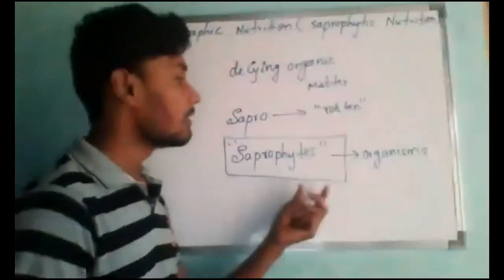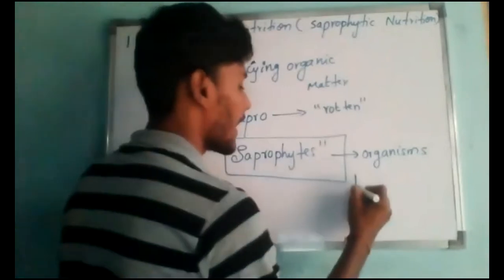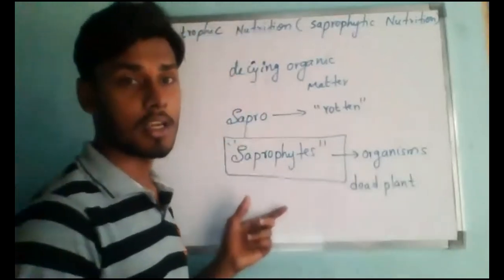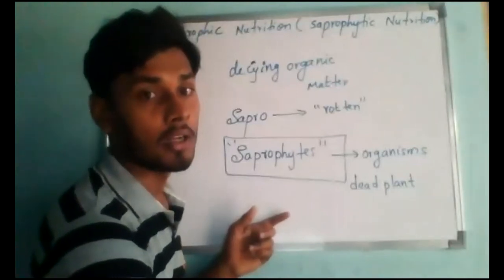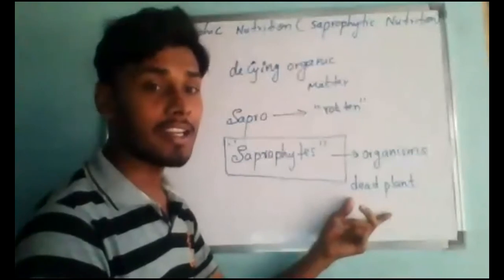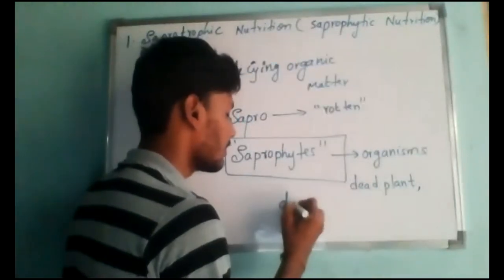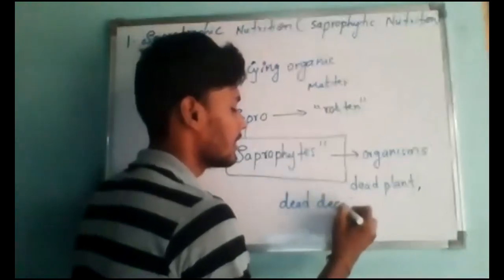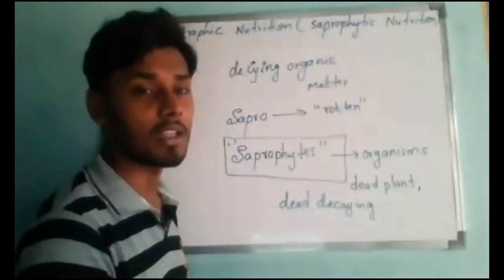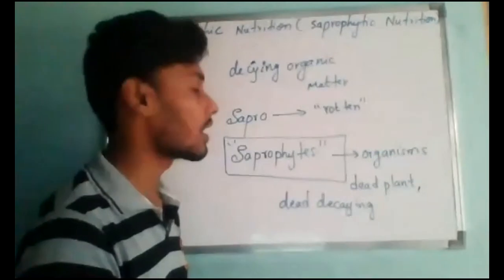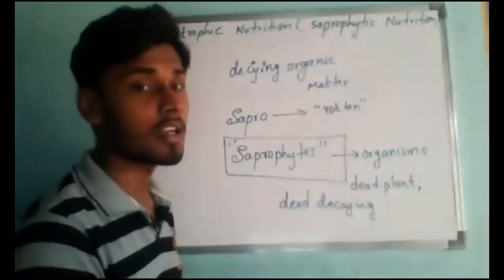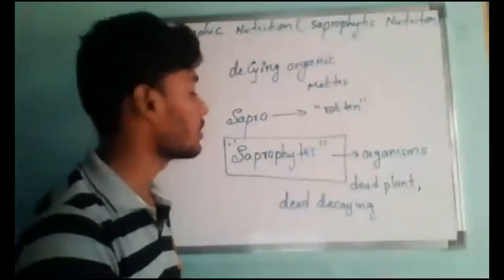They are the organisms which obtain their food from dead plants, like rotten leaves or rotting wood, dead and decaying animal bodies, and other decaying organic matter like rotten bread. That is only called saprophytes.